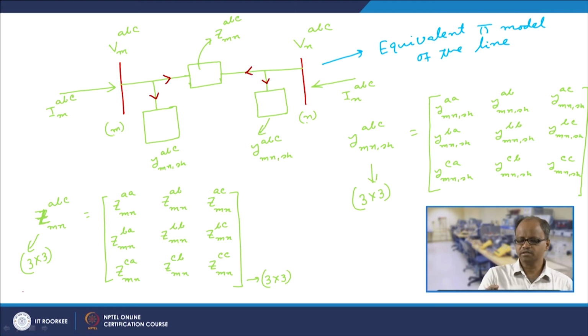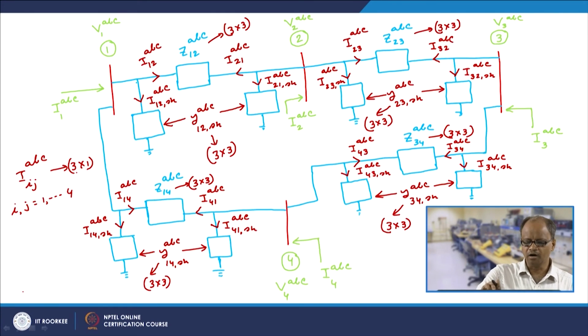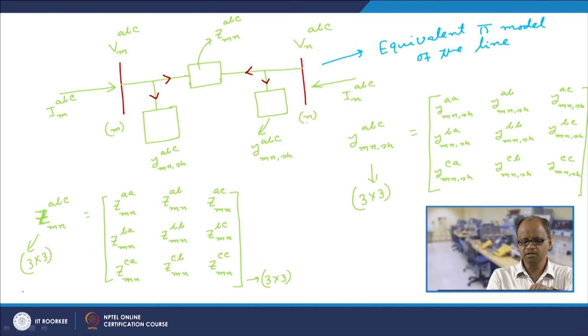Essentially that is the same thing we have done here. And how would this current be written? This current would be nothing but VM ABC minus VN ABC into the inverse of ZMN ABC. So this current, IMN ABC, can be written as this.